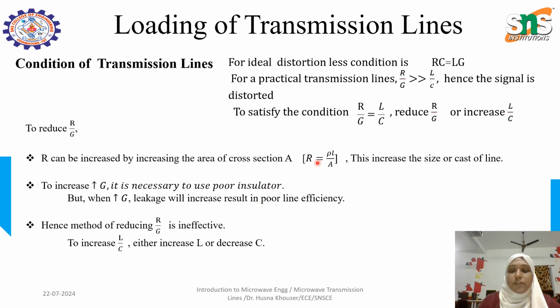When we increase the inductance, we have a poor insulator also, and because of this insulator we have poor leakage of power, and the line efficiency will also be very low. So we have to reduce R by G by increasing the inductance and decreasing the capacitance.